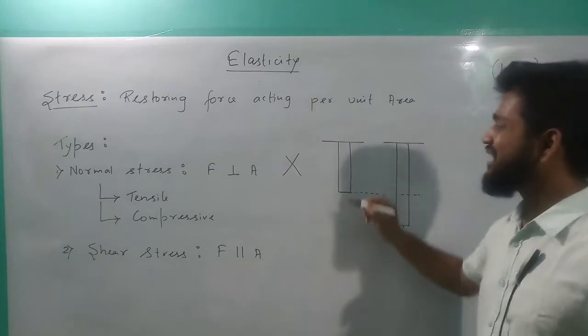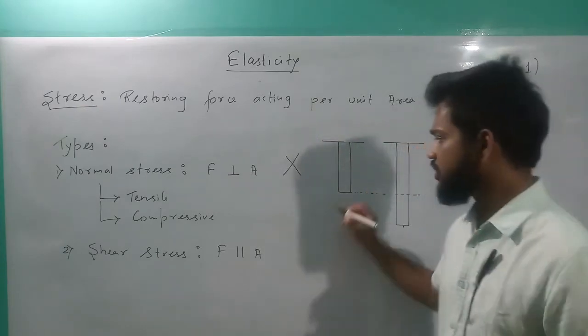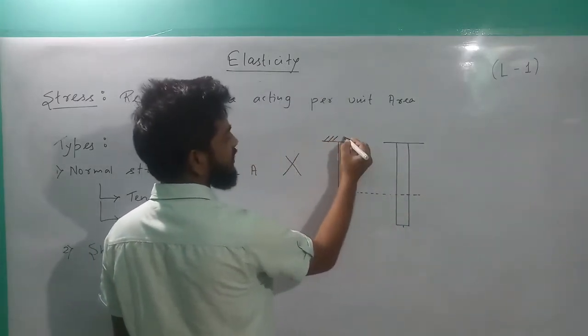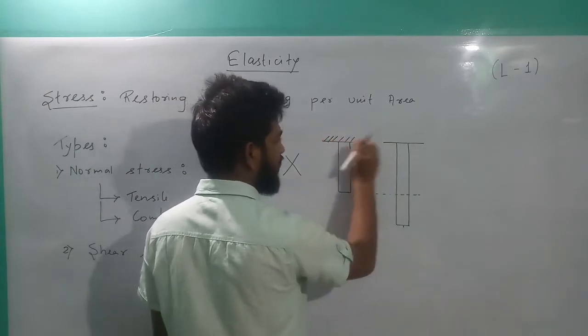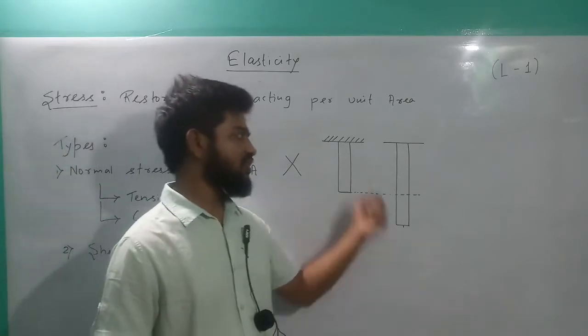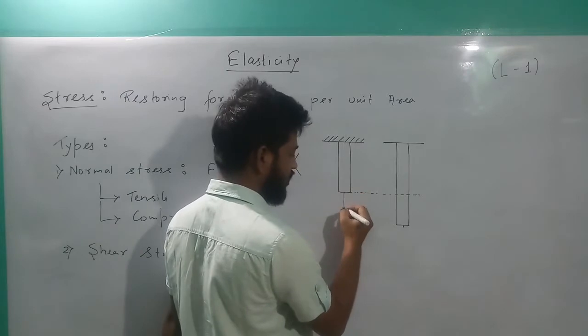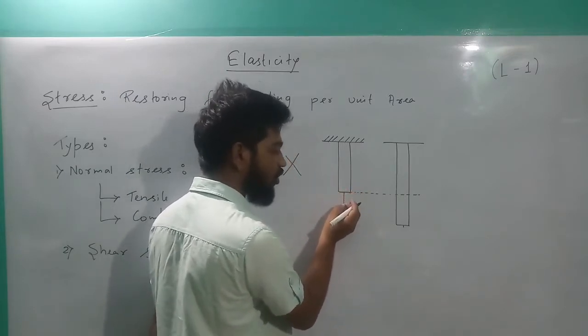Now, suppose I have an elastic band here. Consider it to be a rubber band, which is tied to a fixed ceiling. The ceiling cannot move. Now I have applied some downward force on it, due to which it has started going down.